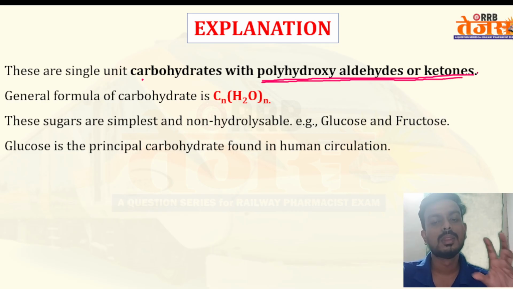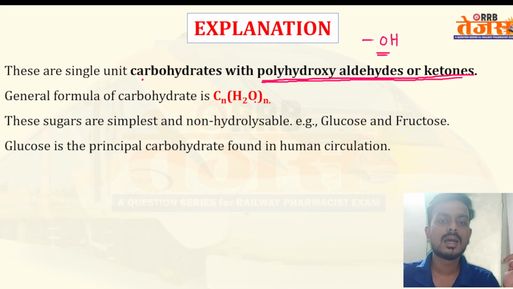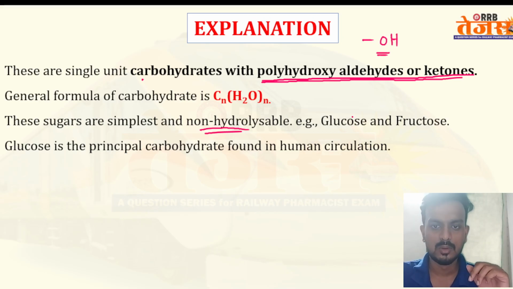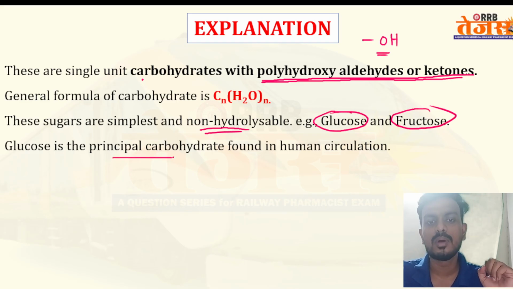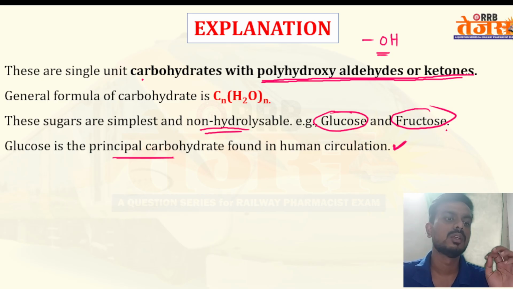Polyhydroxy means the aldehyde or ketone has a larger number of hydroxyl groups, or OH groups. These sugars are the simplest and non-hydrolyzable. Examples are glucose and fructose. Glucose is the principal carbohydrate found in human circulation.